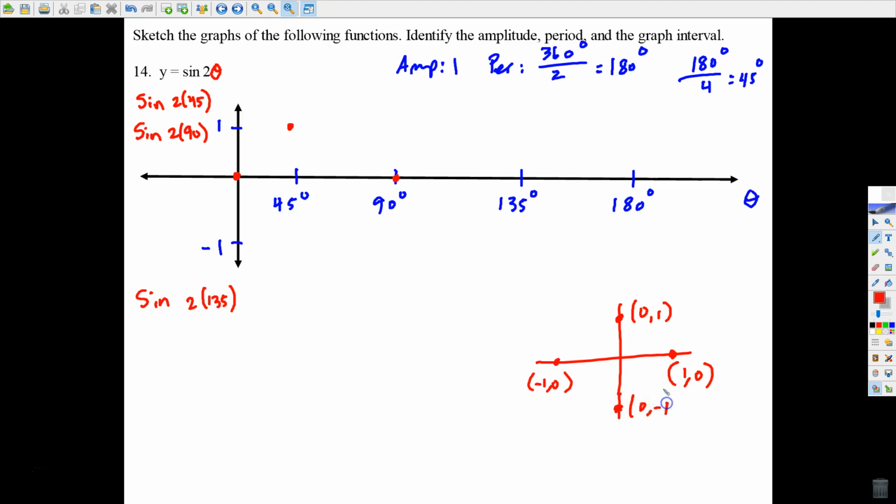Okay, and that's negative 1, the y-coordinate. And when we input 180, that's the same thing as sine 360, 2 times 180, and we're back to 0. Sine 360 is 0.